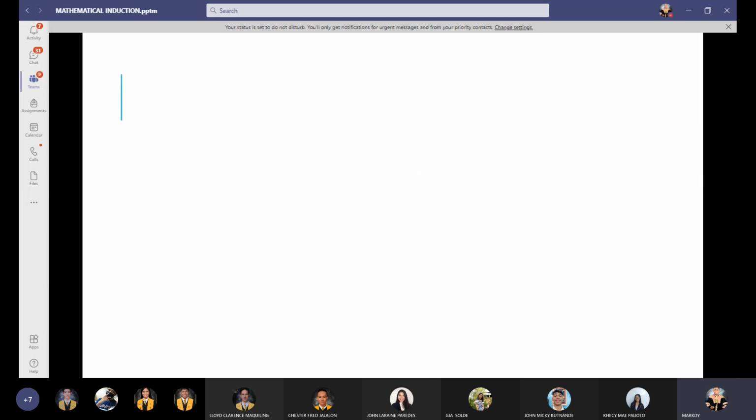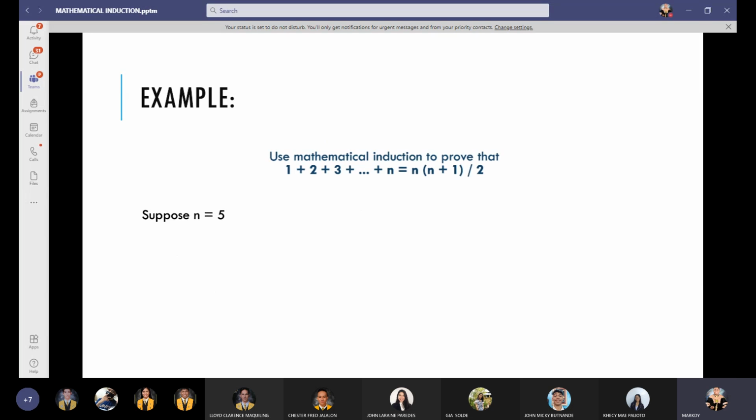Okay? So another example. Suppose our n is 5. Then on our left side, we have 1 plus 2 plus 3 plus 4 plus 5.